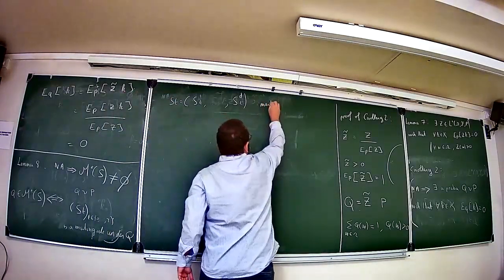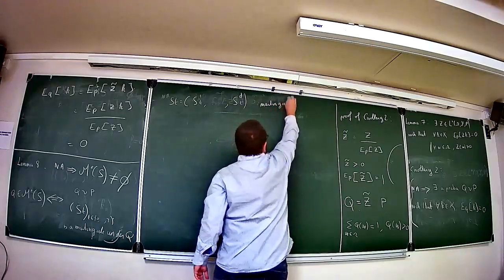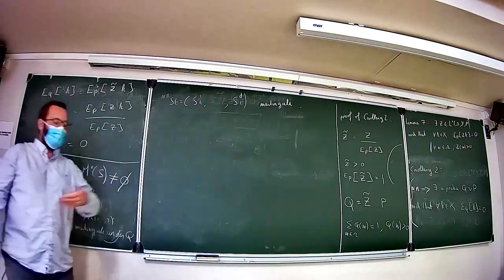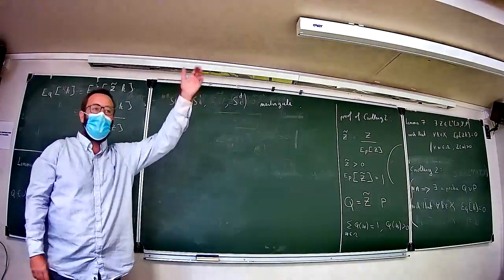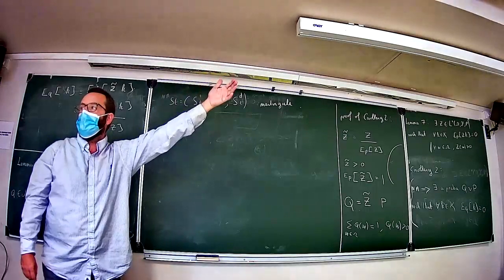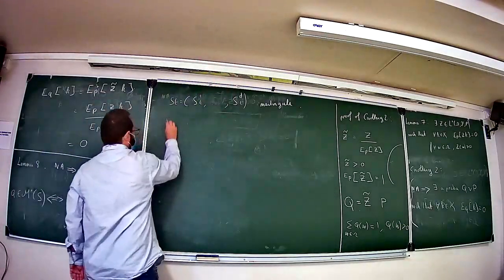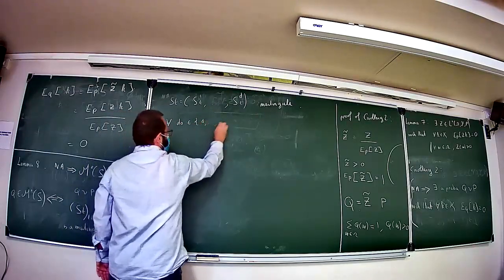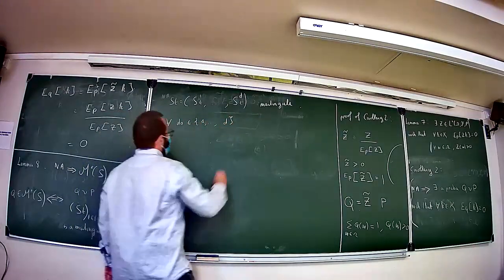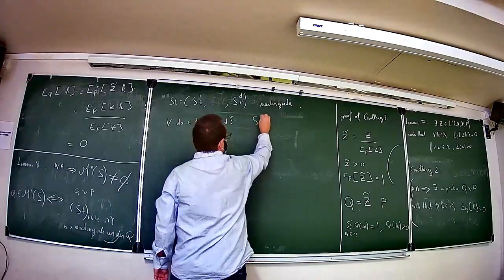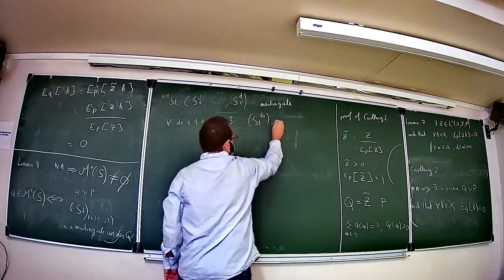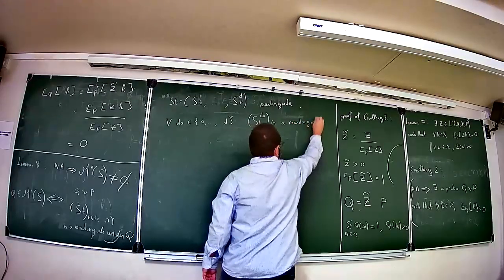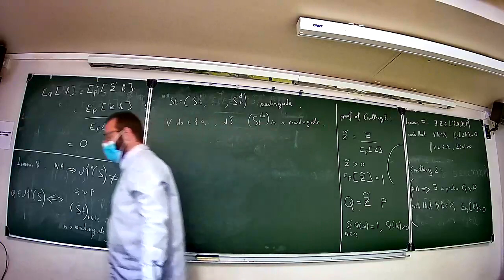So what is the meaning of this? Martingale. You know that when you have a vectorial martingale, it means that any coordinate is a martingale. So it means that for all d0 belonging to 1 to d, S_t^{d0} is a martingale. But I am in discrete time.